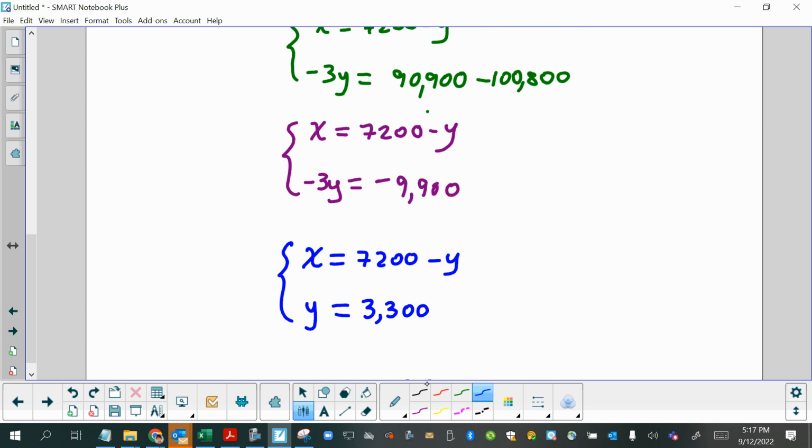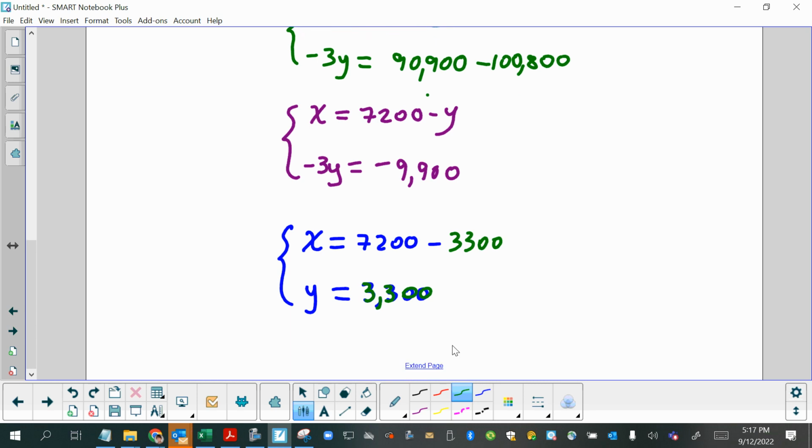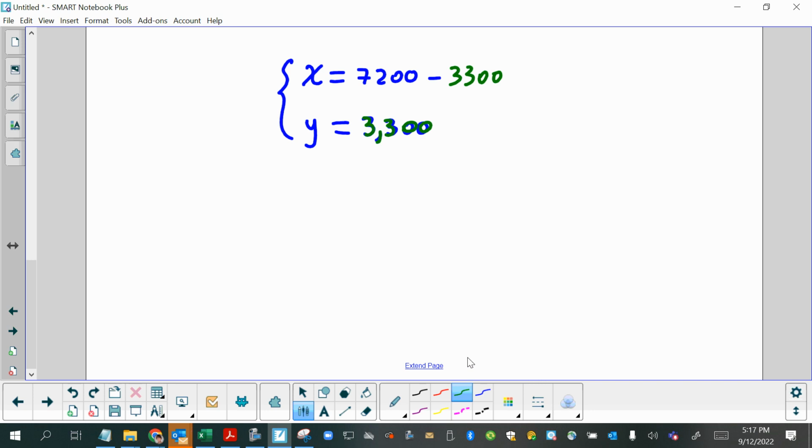So now that I have a value for my y variable, I can replace that. So I'm going to take this 3,300 and replace the y up in this equation so that I can have the x value, and it makes sense, right? Because remember, the two quantities added together have to give you the total 7,200.